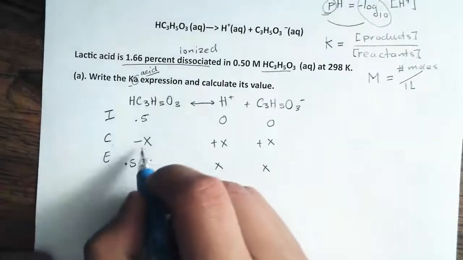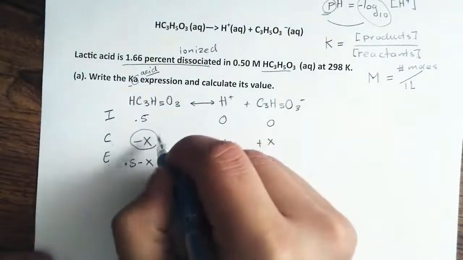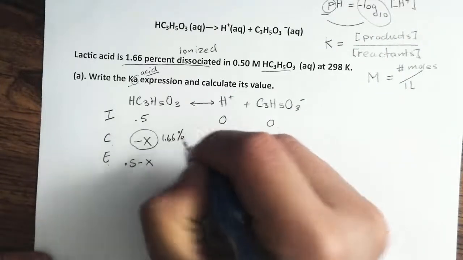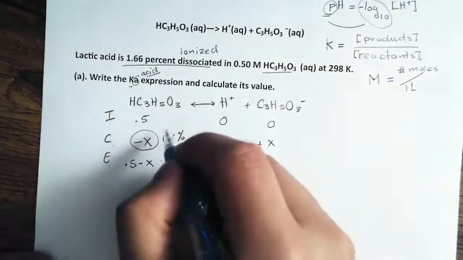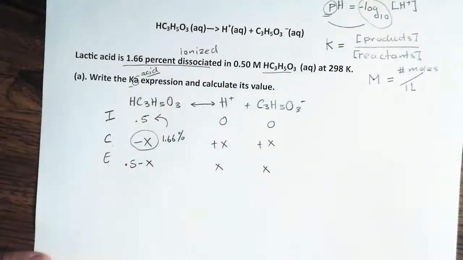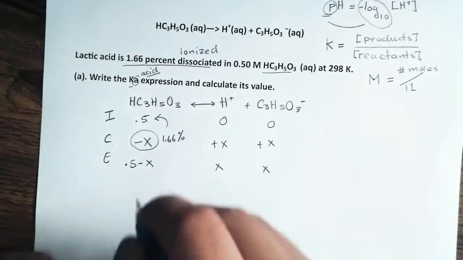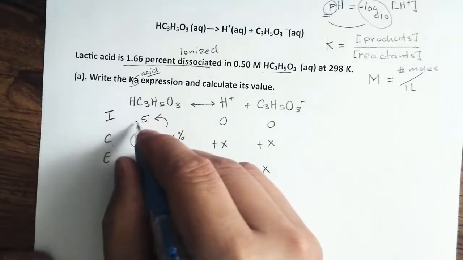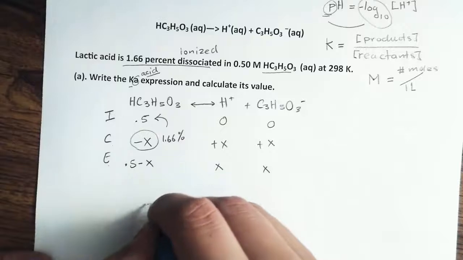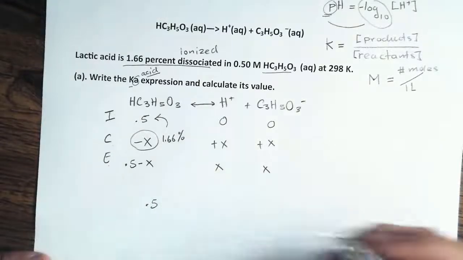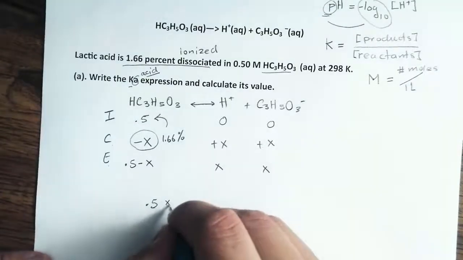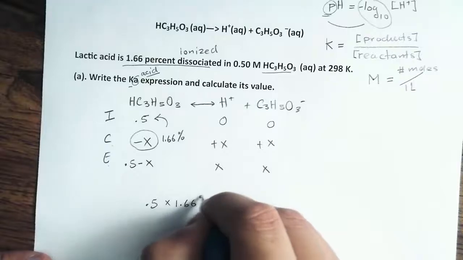In that case, doesn't this just represent the change in terms of 1.6% of the initial? If that's the case, all we have to do is take the initial of lactic acid that we have, which is 0.5, and multiply that by the percent that is dissociated, 1.6%.